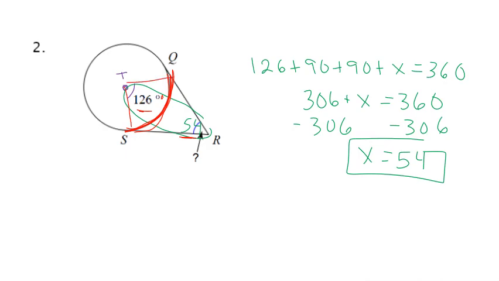Which makes sense because these two have to be 90. 90 plus 90 minus from 360 is 180. So you can easily have done 180 minus 126 and also have gotten 54 degrees. So that might be a faster way to do the problem.